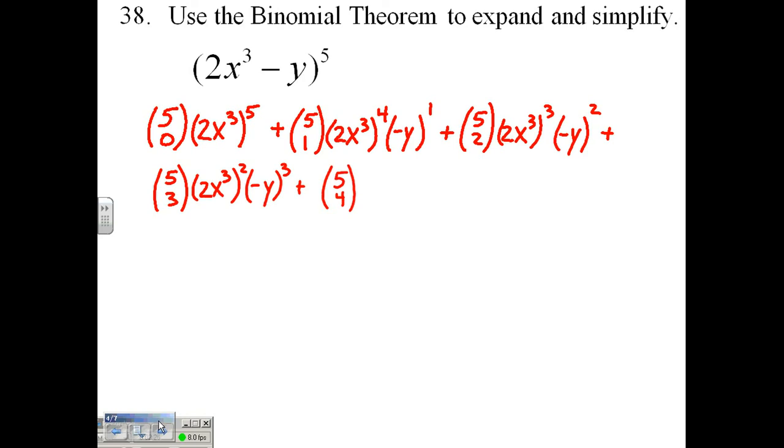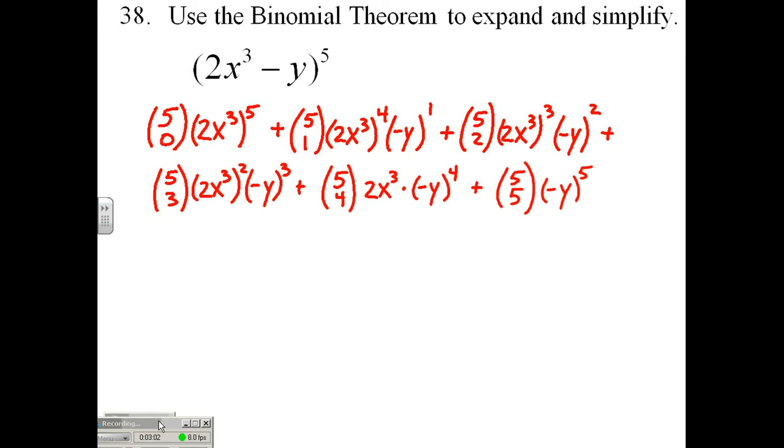And 2x to the third's down to just a single one of those. 2x to the third, but 4 negative y's. Until I wrap up with C5, 5. Don't need any 2x to the thirds here, but I need all of my possible negative y's. So there's our expansion. No one hard thing, just a lot of easy things.